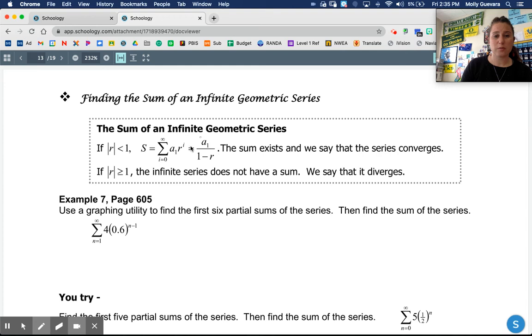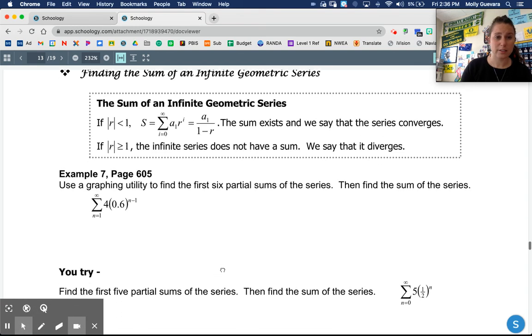I can use this formula where it's just the first term over 1 minus my common ratio. If my R is greater than or equal to 1, I cannot add them up. The infinite series does not have a sum. We say that it diverges. If the sum does exist, we say it converges.